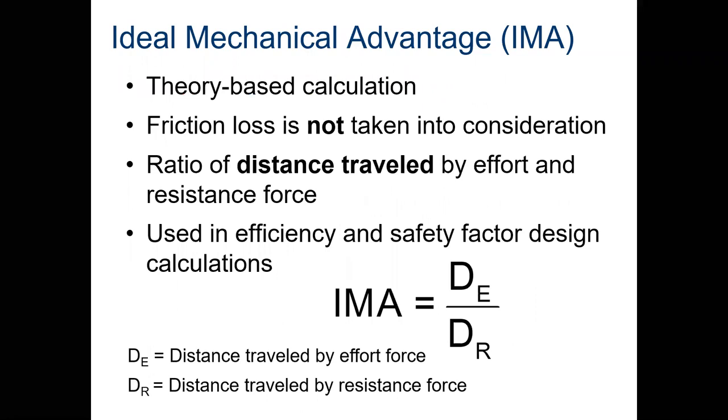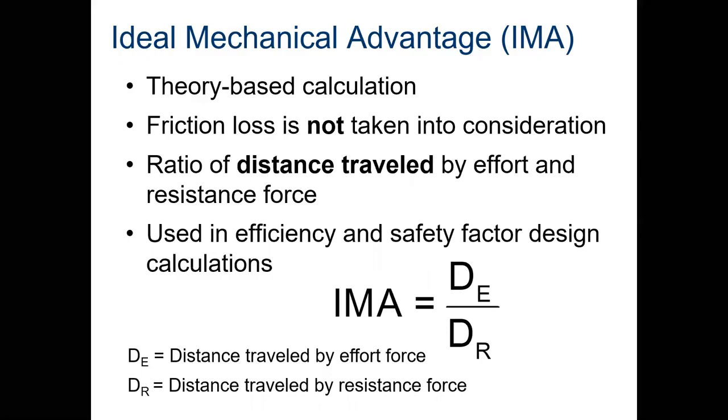So there are 2 types of mechanical advantage, and we'll get to why we worry about 2 of these in just a little bit, but the 2 main types, first, are ideal mechanical advantage. So what would you expect to happen? It's a theory-based calculation. You don't worry about friction, and you're just saying, what would I expect to happen based on the conditions that I have present in my simple machine.